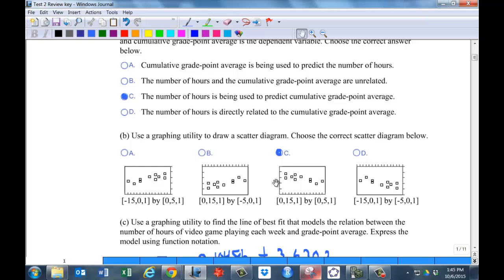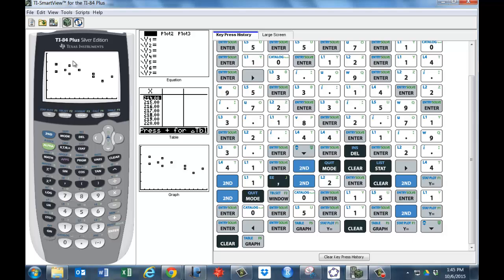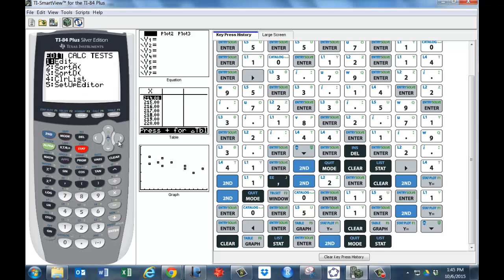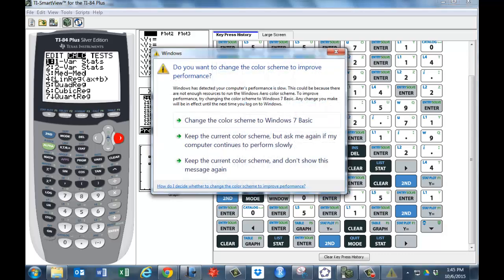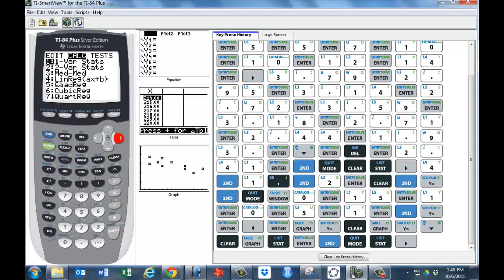Now here we just get a scatter plot of the data, and to do that we go to our calculator and just go to Stat and then Edit, and we type in the X values and then the Y values, and then we can go to Stat and then Calculate and then Linear Regression, which is option 4, to get the equation of the line.